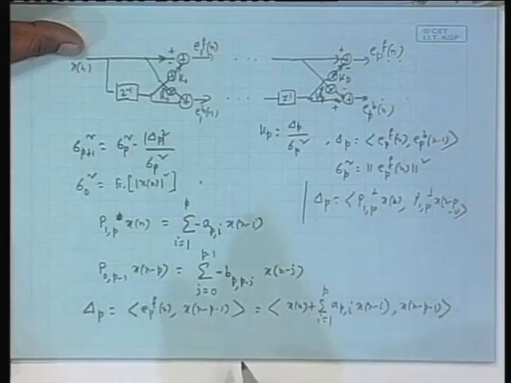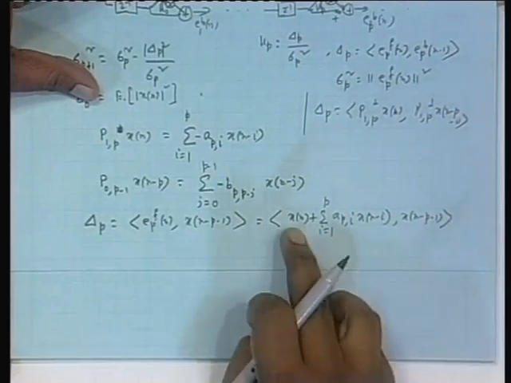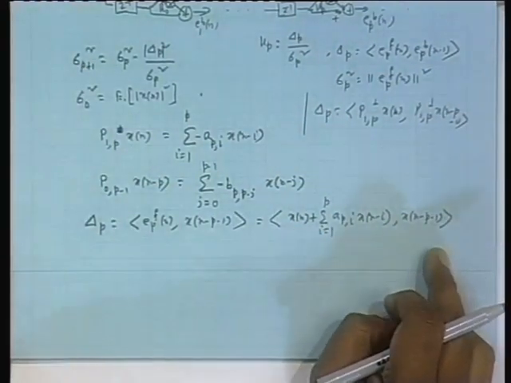And what is the inner product? Inner product is correlation. So, what you can do is take out each term and take the correlation of each term.